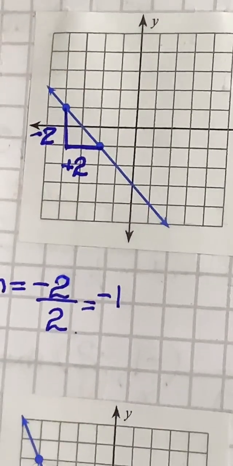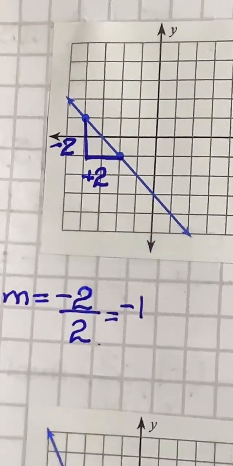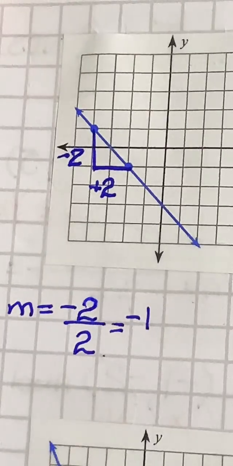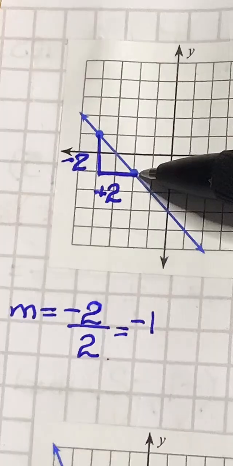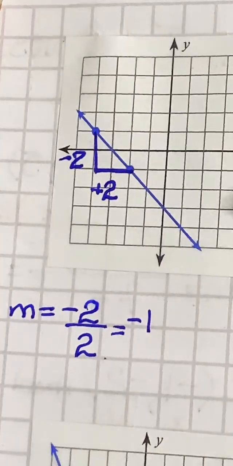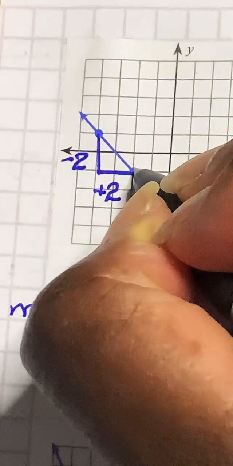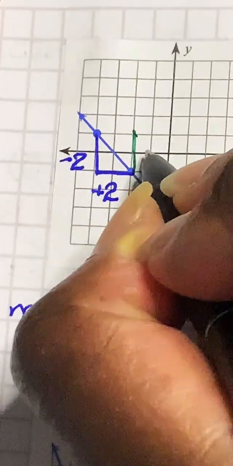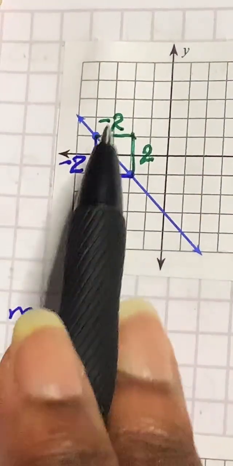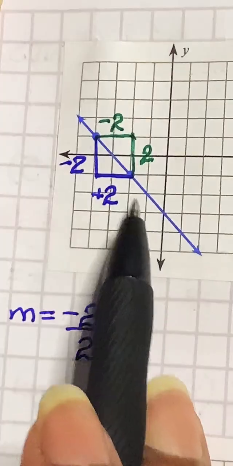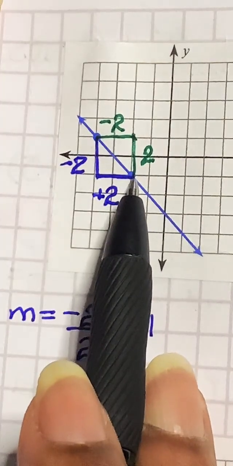Now, I did mention that I was going to show it a different way. What happens if I decided to start at this bottom point going to the top point? Well, I would go up 2, so that's a positive 2. But I would go to the left 2, so that will give me a negative 2. Anytime I go to the left, it'll be negative. So let me start again because I think my hand was in the way.